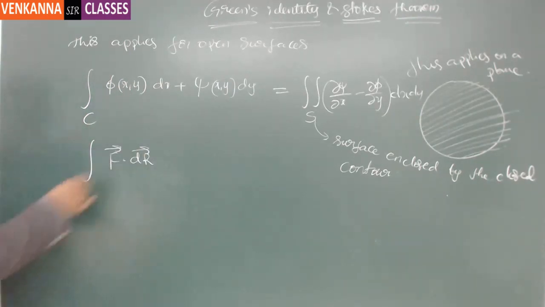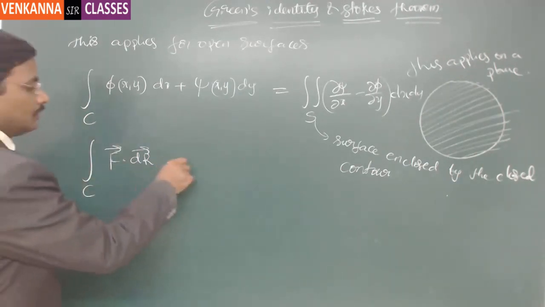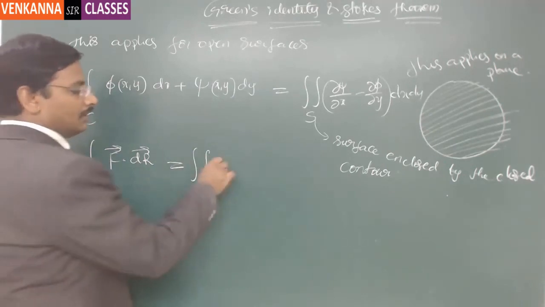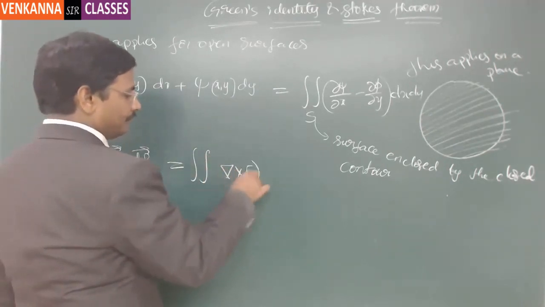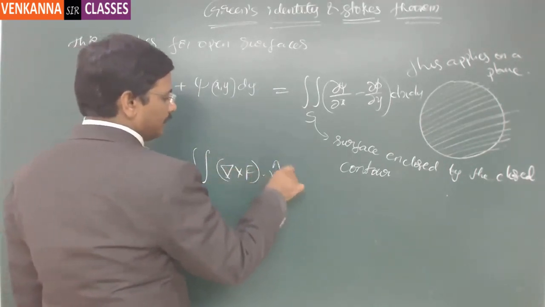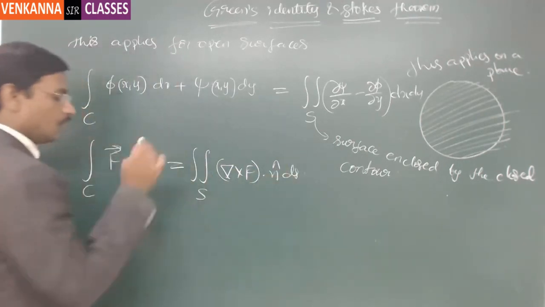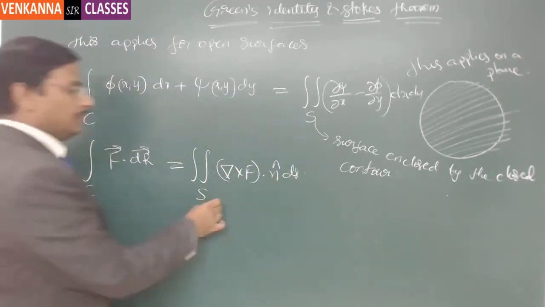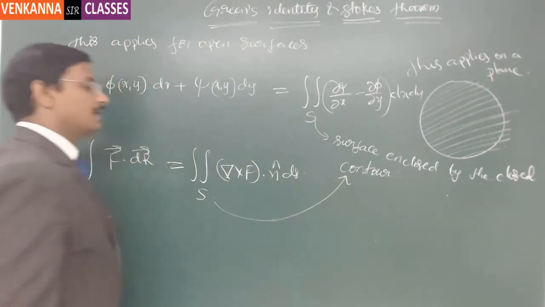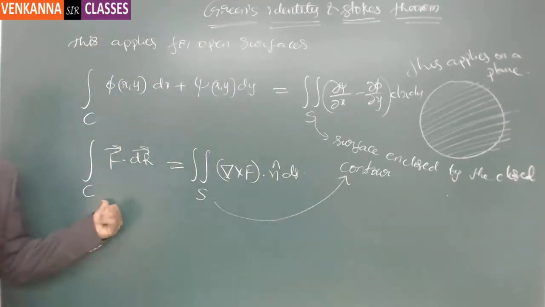For this particular vector on a closed contour C, this value is equal to the double integral of del cross F dot n cap dS over the surface S. This is again the surface which is enclosed by this closed contour. Got it or not?